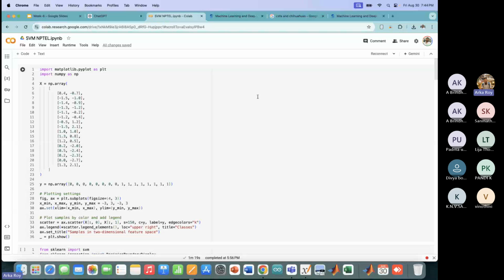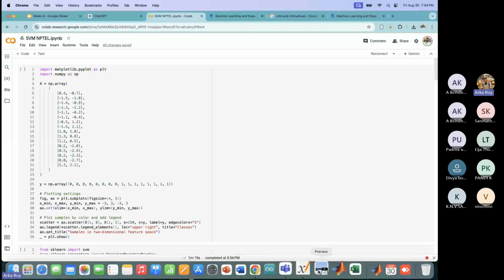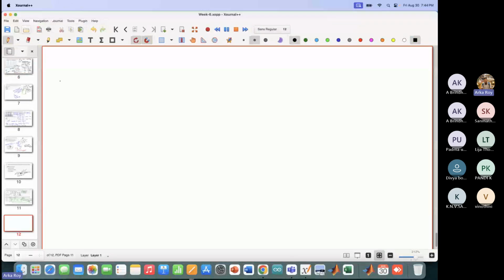In SVM's week, we used to give you examples like this, where the data is quite linearly separable. We could put a straight line, the decision boundary, and it will classify these two classes pretty well.